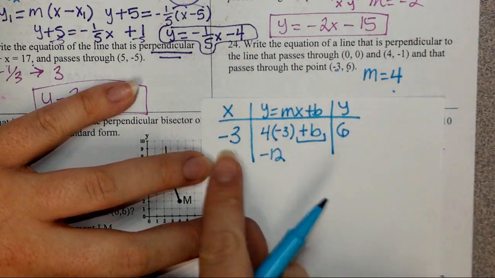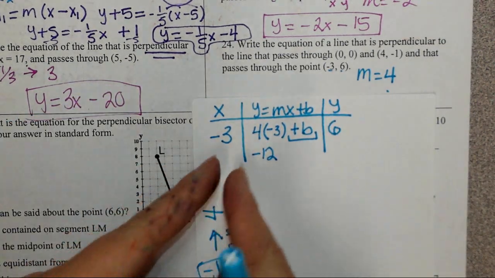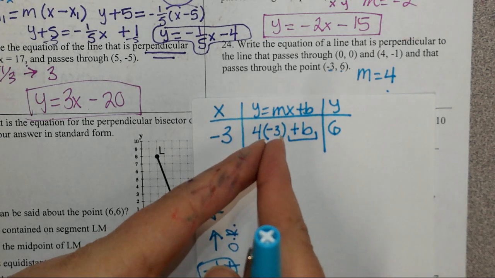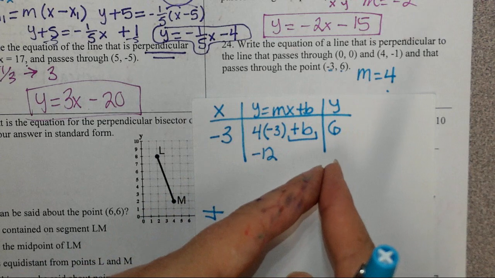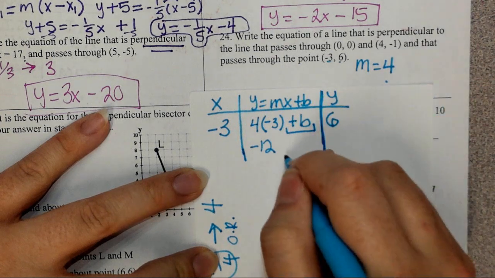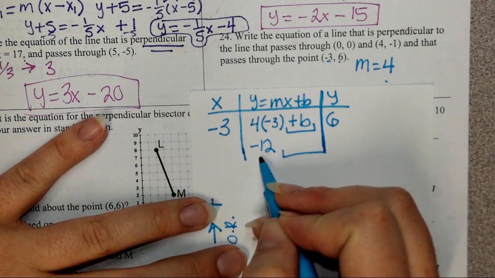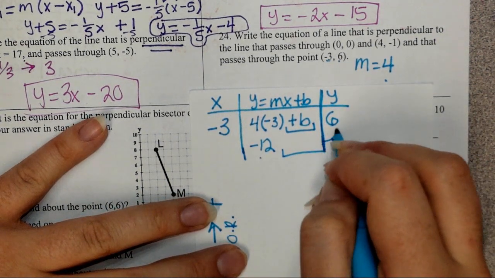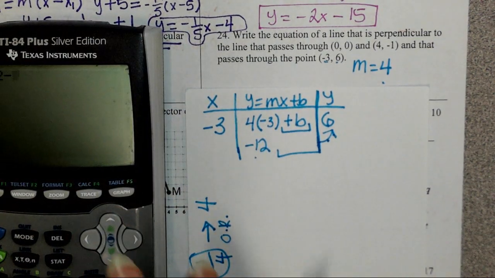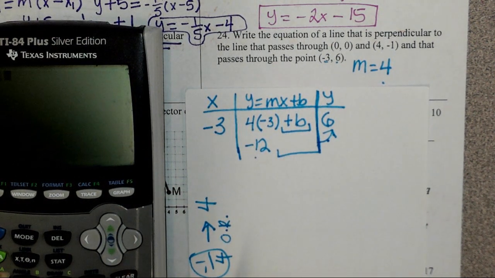When we're doing an equation, what it means is that when you input negative 3, it's supposed to output a 6, which means that when we plug in negative 3 for x, if we're doing this equation correctly, we should end up with 6. So the question now is what plus b do I need in order to get from negative 12 to a positive 6? One way to think about this is using subtraction.